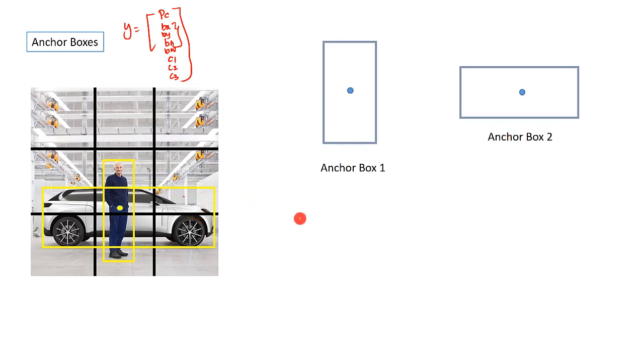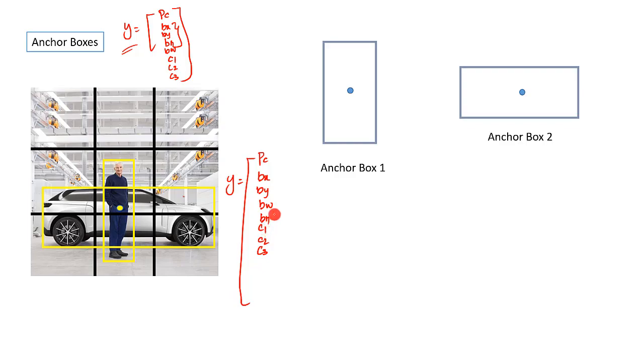Essentially, we are going to reshape our y into a bigger shape. So this again has PC, and it has BX, BY, BH, BW, and C1, C2, and C3.